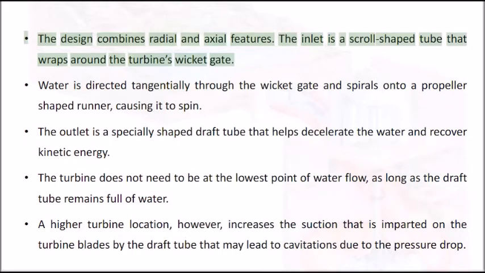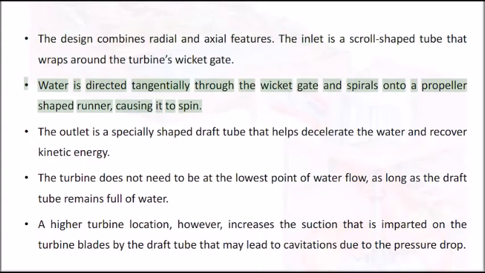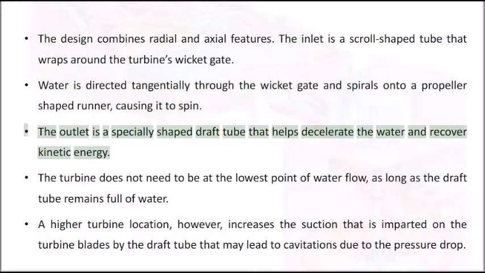The inlet is a scroll-shaped tube that wraps around the turbine's wicket gate. Water is directed tangentially through the wicket gate and spirals onto a propeller-shaped runner, causing it to spin. The outlet is a specially shaped draft tube that helps decelerate the water and recover kinetic energy.